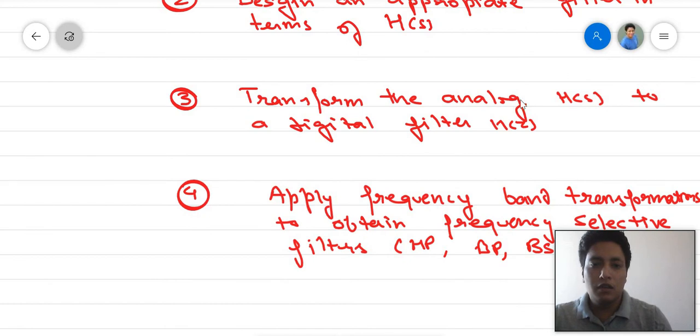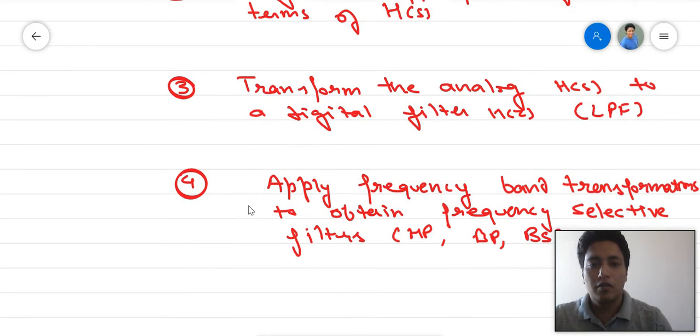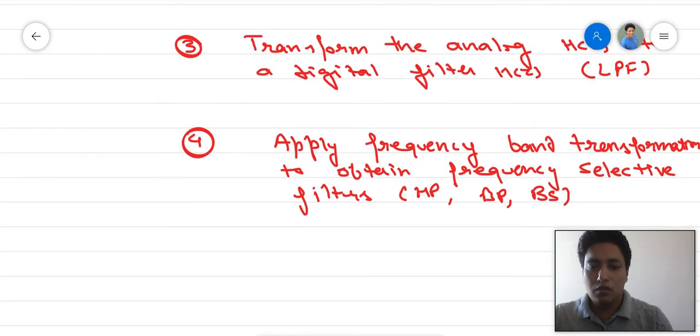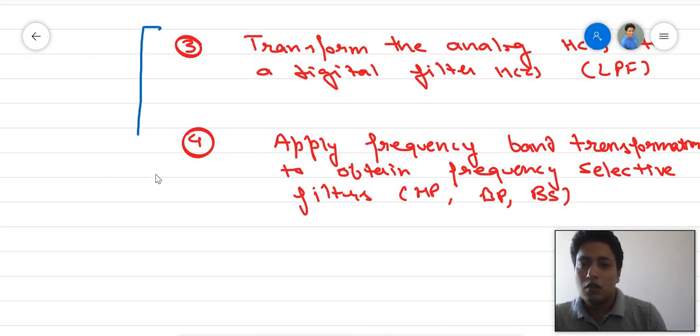This conversion is generally for low pass filters. Now this approach is called approach 1.